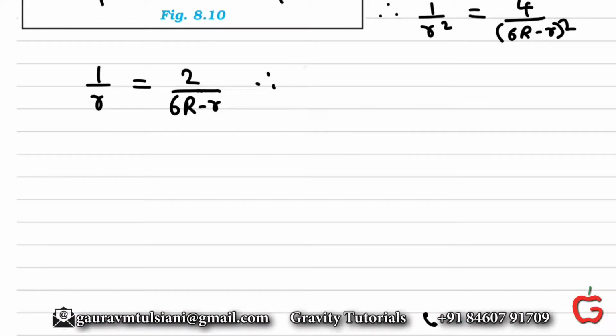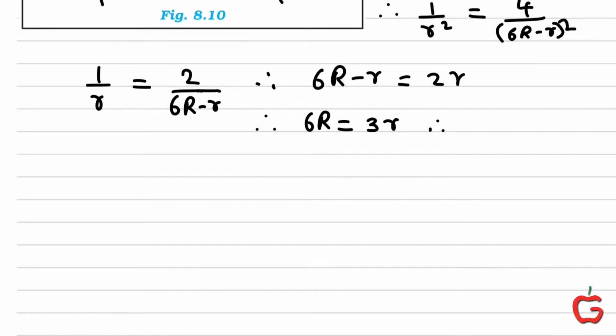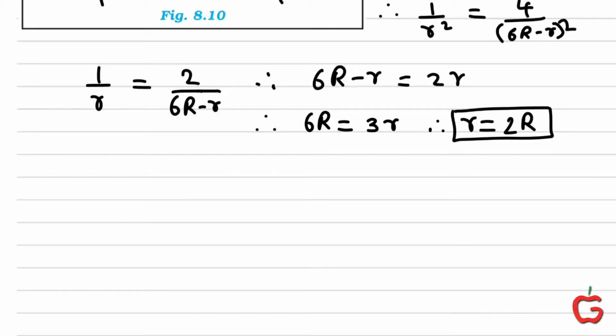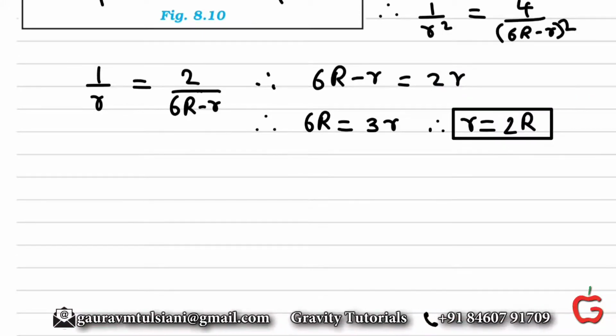Let's solve this for x. So 6r minus x gives us 2x. Therefore 6r gives us 3x. Therefore x is 2r. So the neutral point is located at a distance 2r from the first sphere.